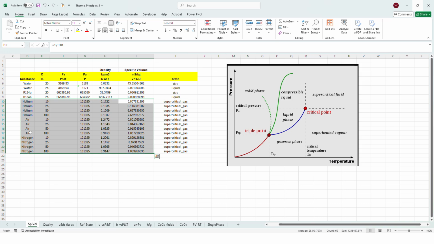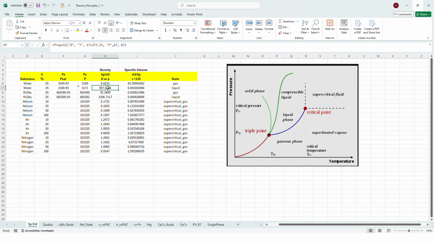Now, what about water and its two phases, liquid and gas? What I've done here is I tried to calculate the density of water in liquid and gaseous phase. Instead of using the quality function, I used the pressure and temperature. But what pressure did I use to get a liquid phase, and what pressure did I use to get a gas phase?